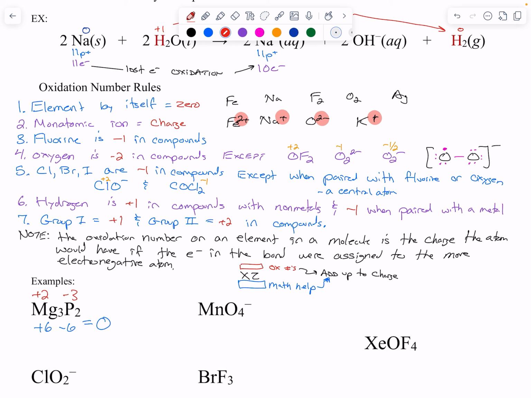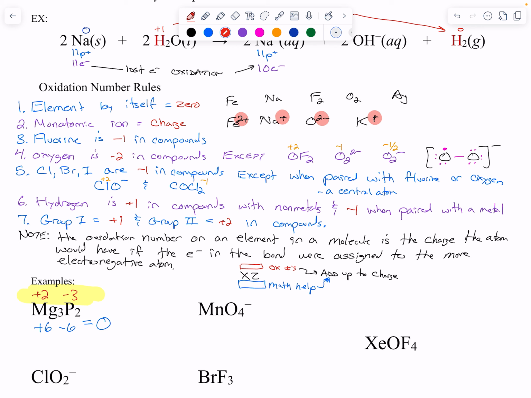However, 6 minus 6 does equal 0. So I use that blue math help to help us with the math that we don't do in our head, all right? Because sometimes it's just easier to write it out. What numbers do I care about? These are my answers, okay? The bottom is just the math help. I don't need the blue. But I would encourage you to do the blue just because it helps us.